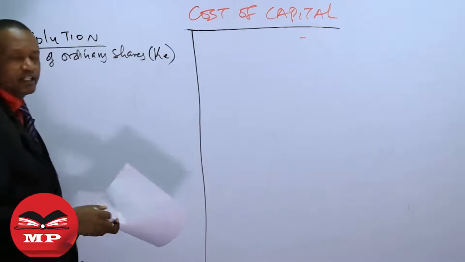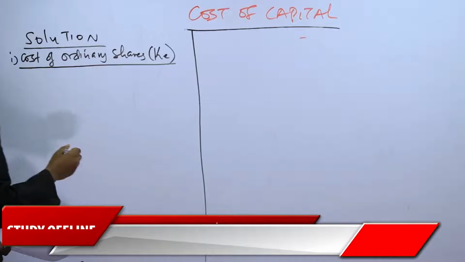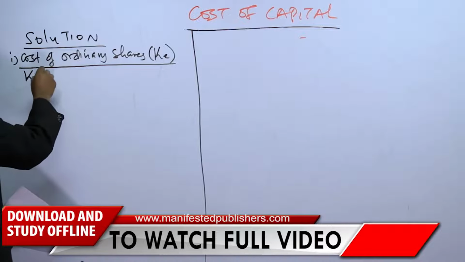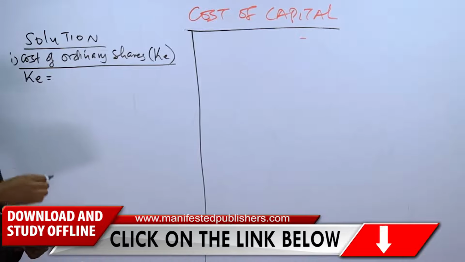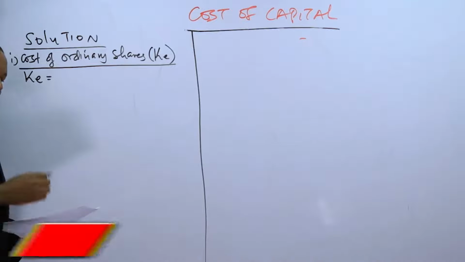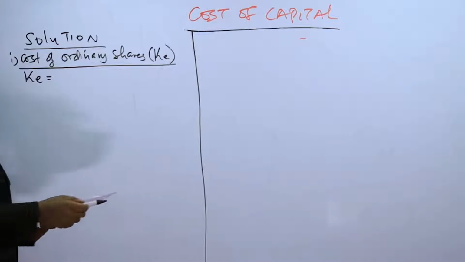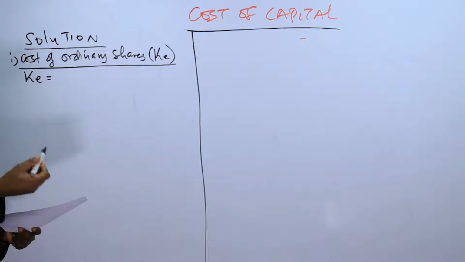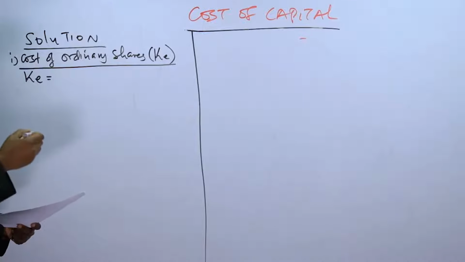So one important thing to determine before you calculate the cost of ordinary shares KE, you need to check from the question, is this firm a zero growth firm or constant growth firm? That information should be provided in the question. The question should direct us as to whether the company is a zero growth firm or a constant growth firm. Now from the information here, there is no growth rate provided, which means this is a zero growth firm.